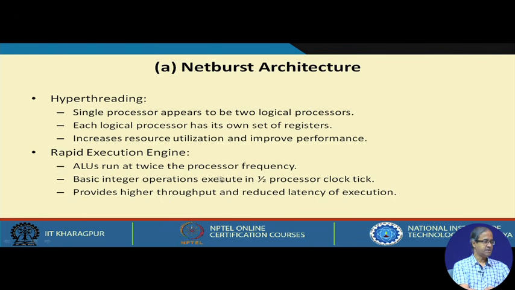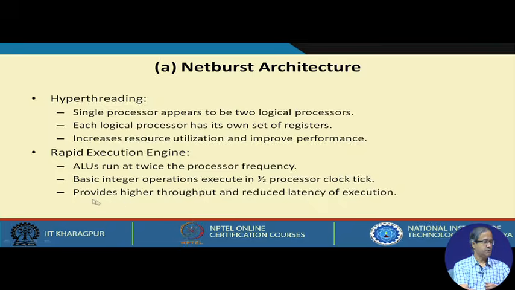If you correlate this with the MIPS 32 pipeline, you are trying to say that for multi-cycle operations in the EX stage, you are trying to reduce that time to half, so the EX stage executes faster. This will result in higher throughput and, of course, reduced latency of execution.